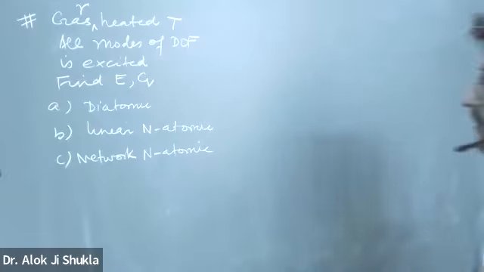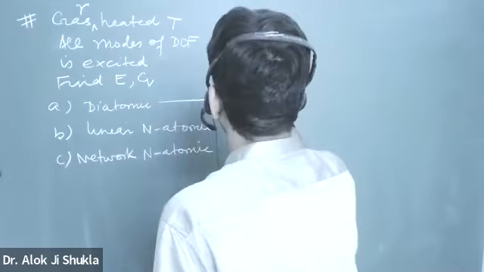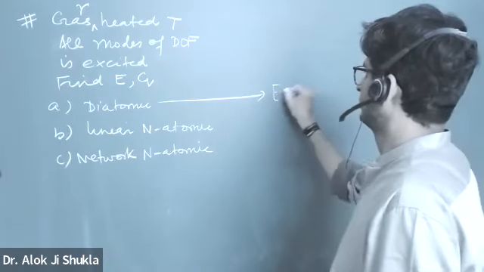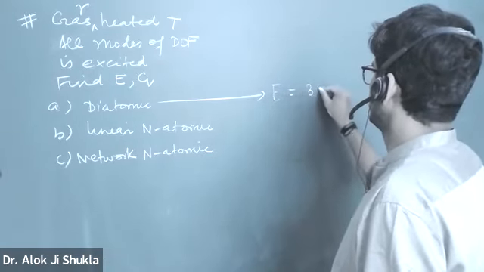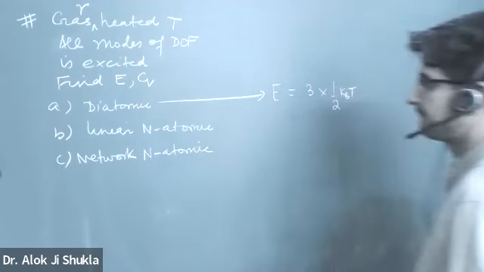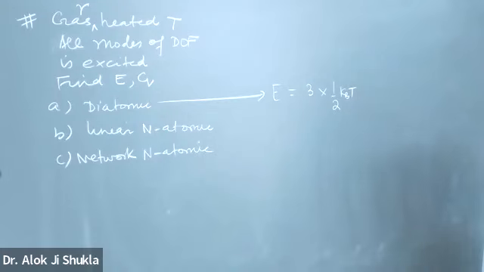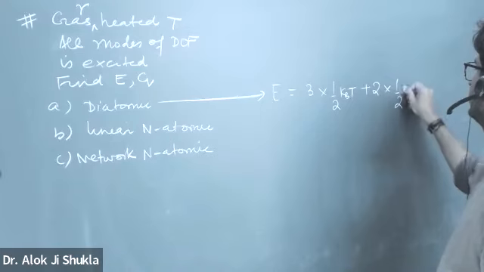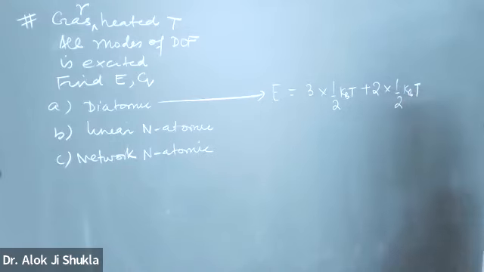So for a diatomic molecule, if all modes are excited, how will we write the energy? It will be 3 translational, so 3 into half kBT. And 2 rotational degrees of freedom, so 2 into half kBT for a diatomic molecule.